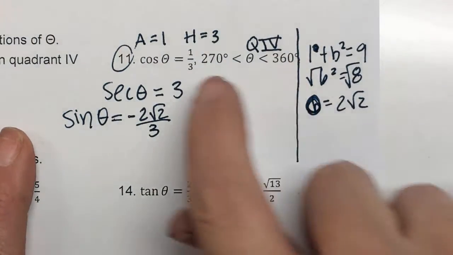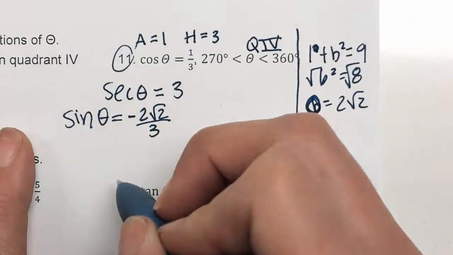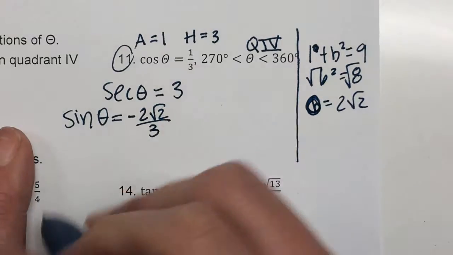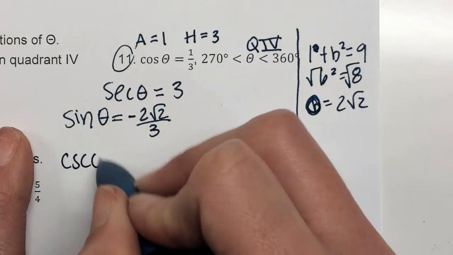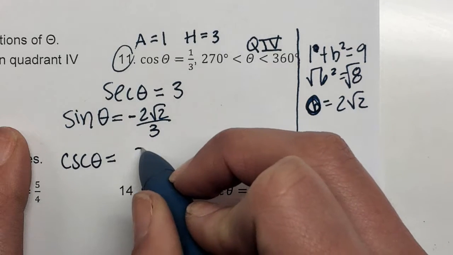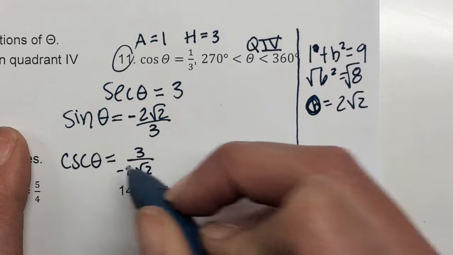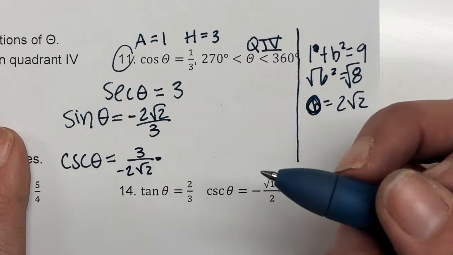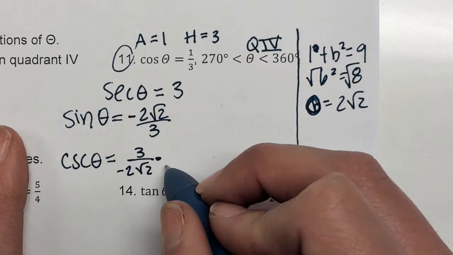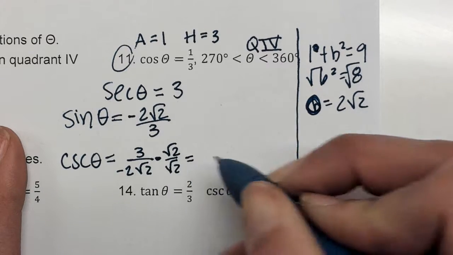Because we're in quad 4, so everything's negative except cosine and secant. Alright, for the opposite of that, which is what? Cosecant. What goes on top? And what goes on bottom? Okay. What do I need to get rid of? So that's when I'm multiplying the top and bottom by square root of 2. So what's on top?